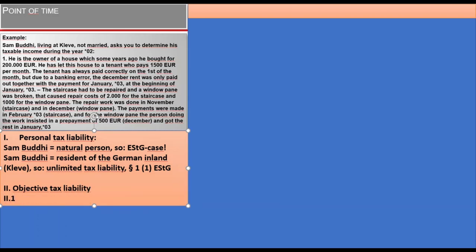Now we are through with personal tax liability, so objective tax liability comes next, and we have 2.1. The first event which we have is the house in Kleve. Question number 1, or A, is which type of income?